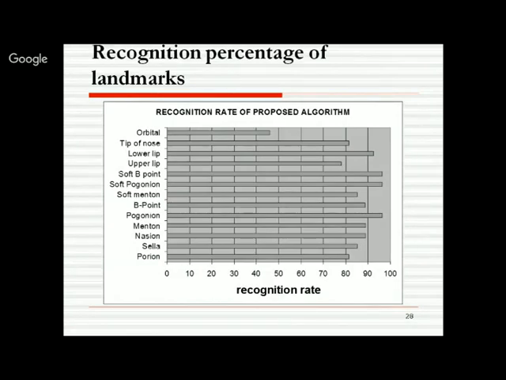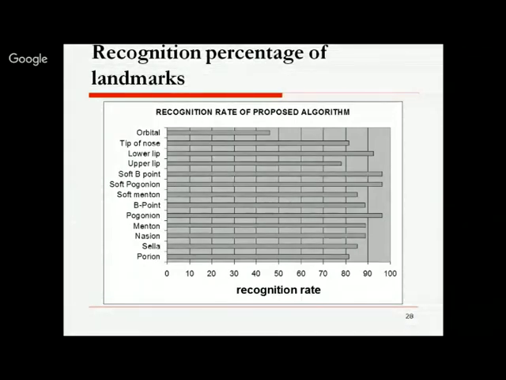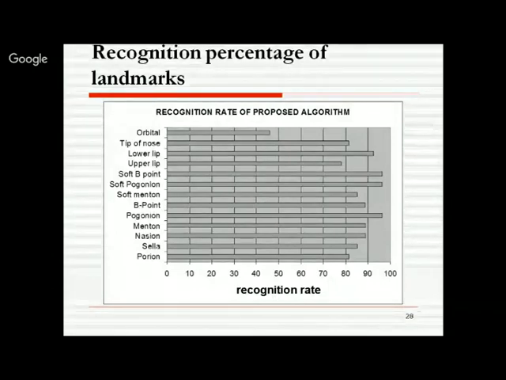Some results indicate you can have as high as 95% accuracy of landmarks, depending on how you define the accuracy. Sometimes the doctors define accuracy as within 1 millimeter or 2 millimeters. We defined it accordingly, and we got accuracy for some of the landmarks as high as 95% and as low as sometimes 45%, say orbital, but largely the others are acceptable to them, at about 80%.